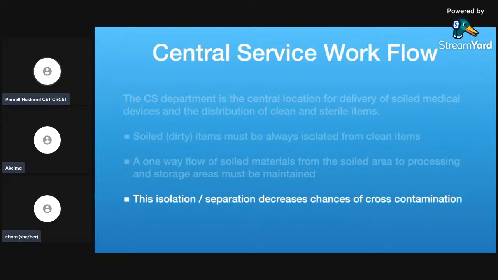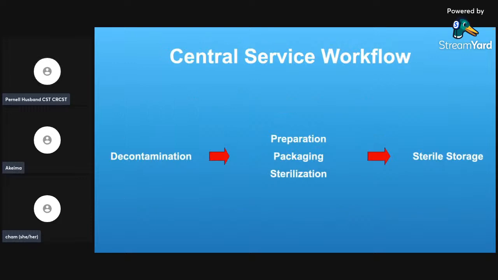So the idea is to decrease cross-contamination. We appreciate and understand that the soiled items could in fact be infectious. We treat everything as such. And so again, there's specific protocols that we need to follow. The idea is to decrease the chances of cross-contamination.